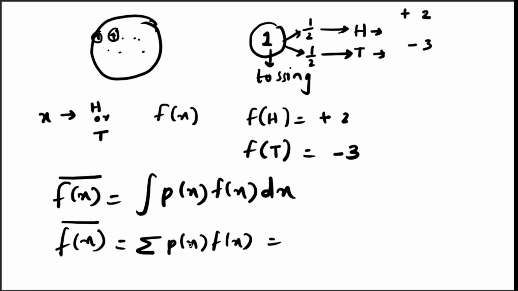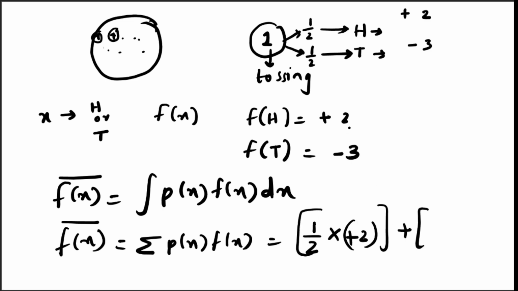Let us first consider the case where head comes up. If we toss the coin and get head, the probability is half, and the value of the function is plus 2. Now tail can come with a probability half, and if tail comes, we lose 3 one rupee coins.